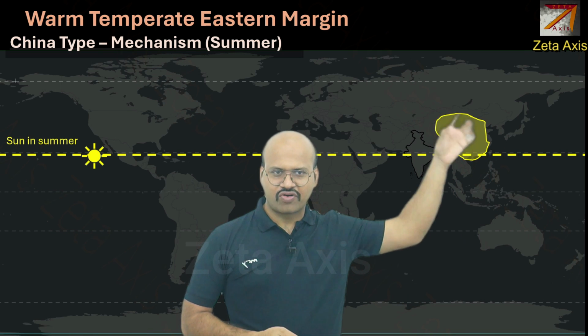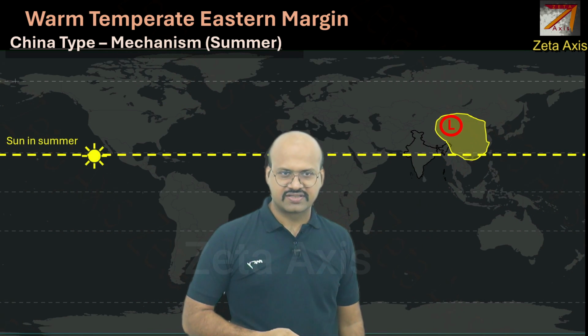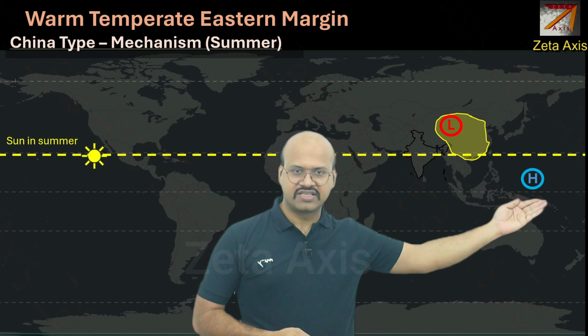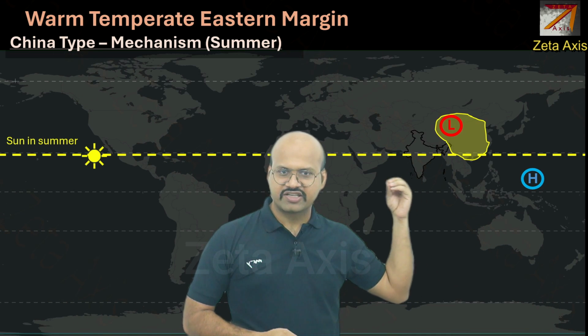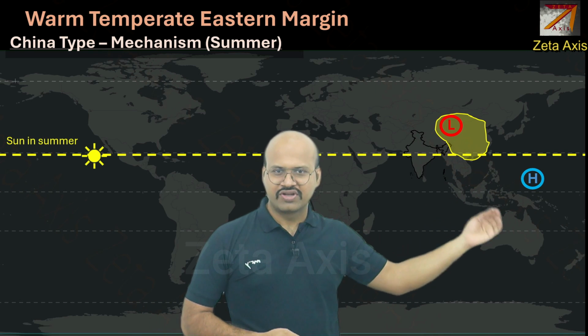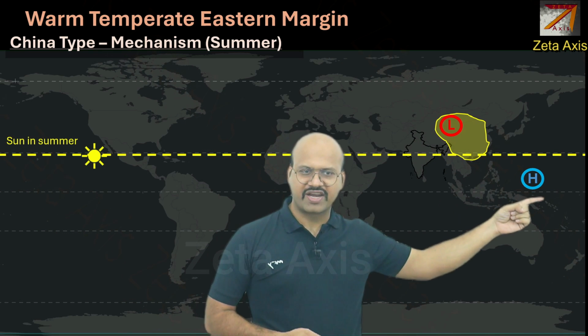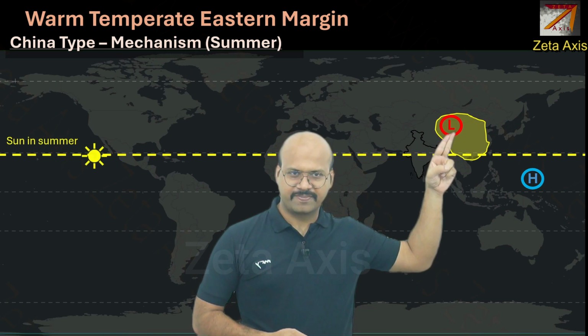And because it is warm, it will develop a low pressure region in the interiors. In contrast, the sea will be cooler because it has higher specific heat, that is, it requires more heat to increase its temperature.